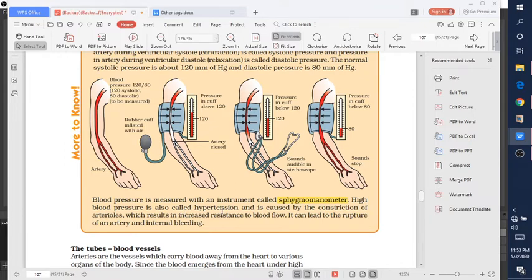In hypertension, the resistance to blood flow is increased. If it is not cured, if medicines are not taken, then it can lead to rupture of arteries and internal bleeding. So this is all about blood pressure.